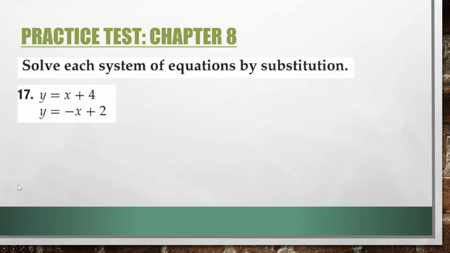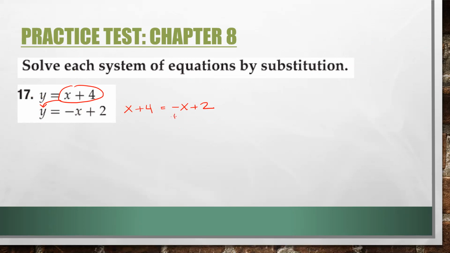Now here's another set. It says to solve each system by substitution. So again, I can now plug in this and substitute that in for y, because it says y equals x plus 4. Well, here I have y, so I can put x plus 4 equals -x plus 2. If I plug in -x plus 2 in for y, same thing, my equation is going to be set equal to the other.